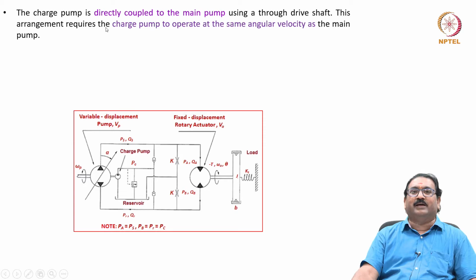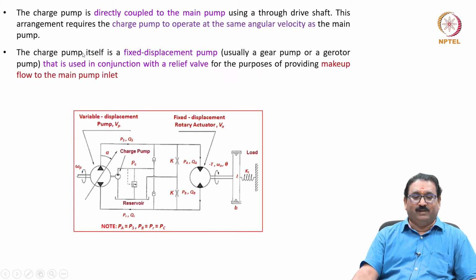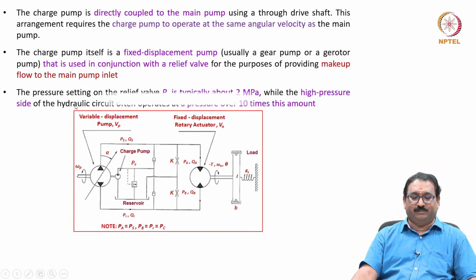This arrangement requires the charge pump to operate at the same angular velocity as the main pump. The charge pump itself is a fixed displacement pump, usually a gear pump or a gerotor pump, used in conjunction with the relief valve for the purpose of providing makeup flow to the main pump inlet.